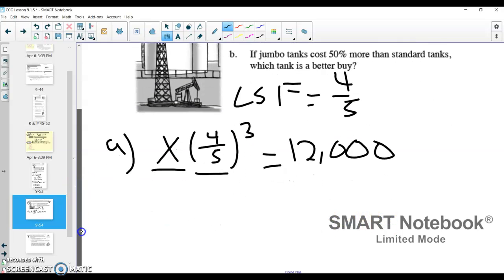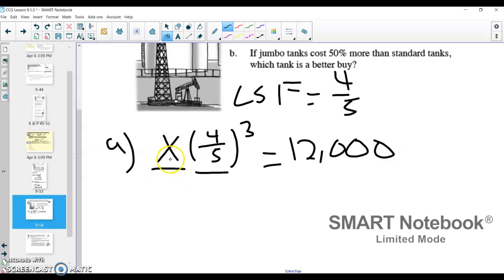Okay, so what this is saying is big volume times volume scale factor gives me little volume, because that 4/5 is telling me that that volume is going to be shrinking. All right, then I can actually calculate this out, and that's multiplication there, so I want to divide.